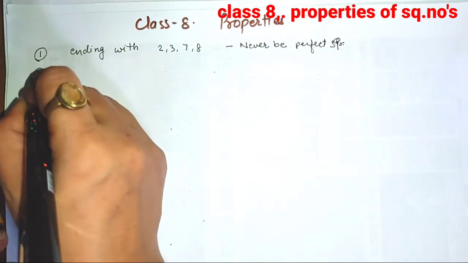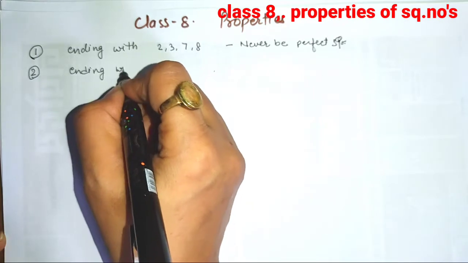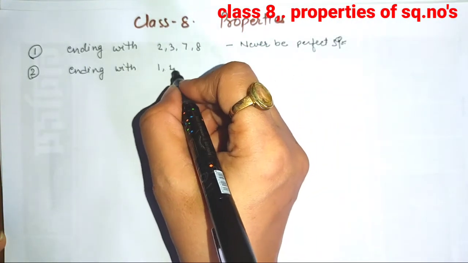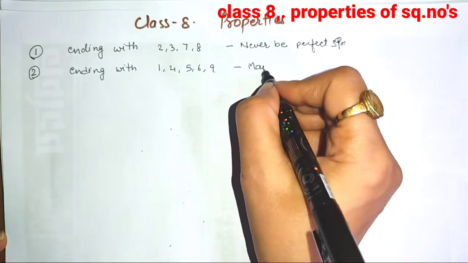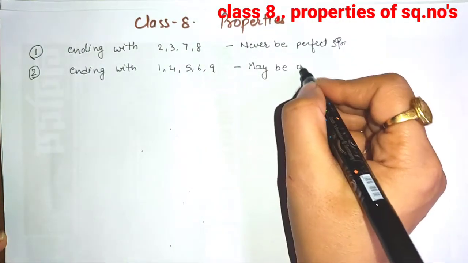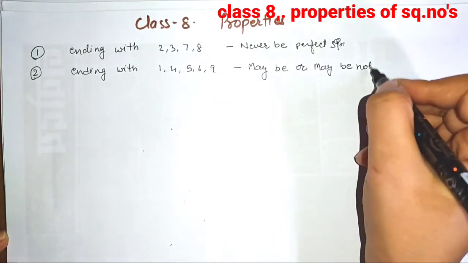Second property: ending with digit 1, 4, 5, 6, 9. If any number is ending with these digits, it may or may not be a perfect square.